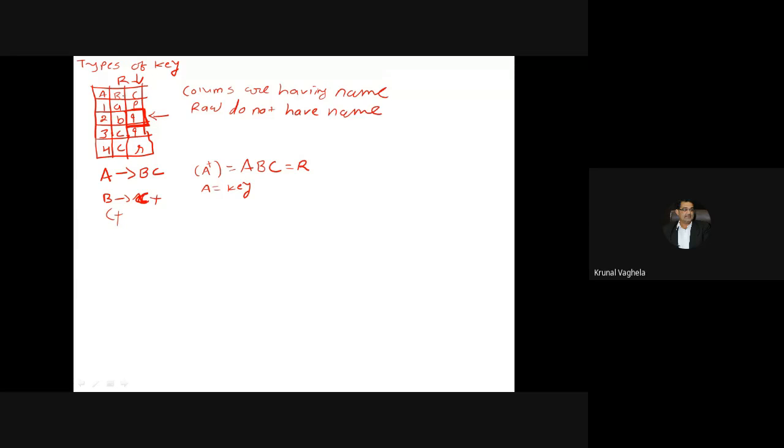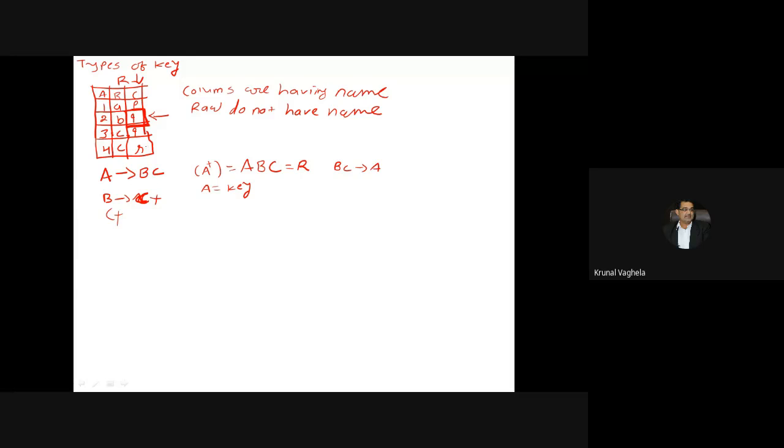But alone B and C cannot work. Alone B and C cannot, but can I use them jointly? Can I say BC to A? That means combined B and C are unique. Then the answer is yes: AP, BQ, CQ, CR.